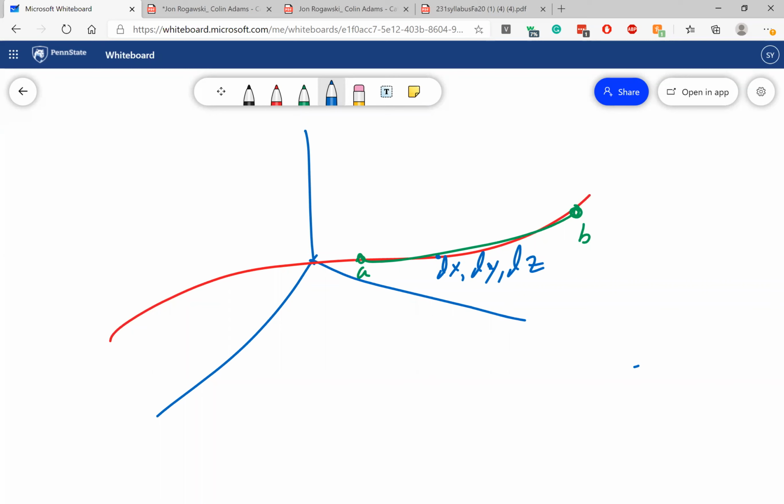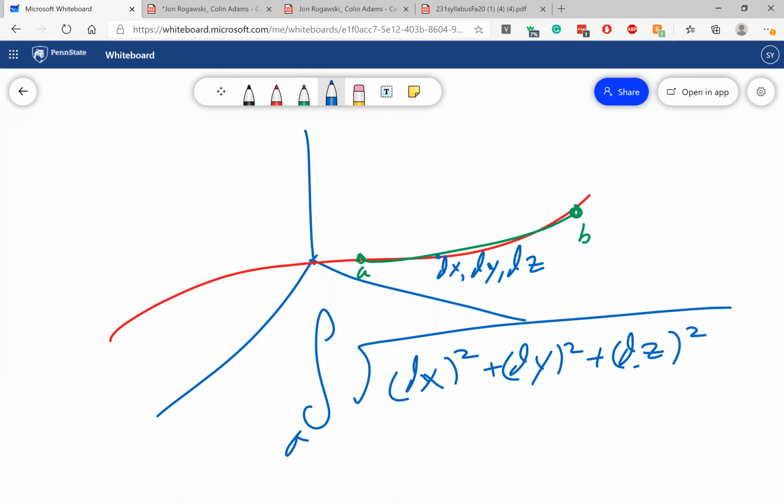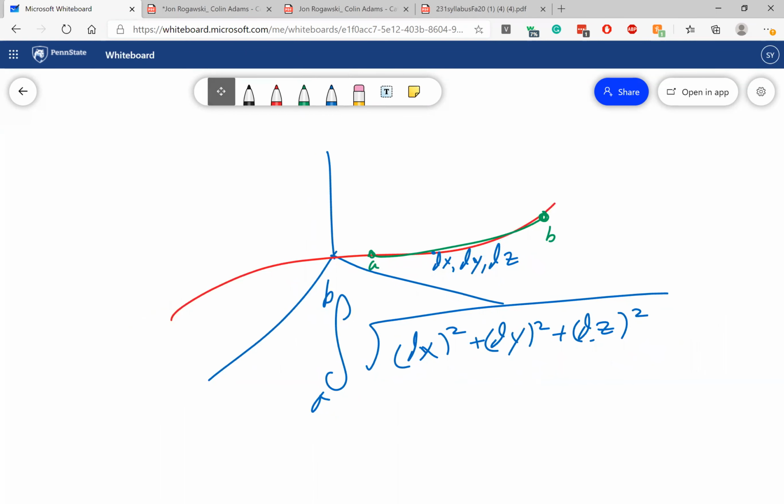If you look at dx squared plus dy squared plus dz squared, and you take the square root and you take their integral from a to b, well, naively speaking, this would be the length, because you have the length of your x direction squared, plus your y direction squared, plus your z direction squared, and you're taking the square root, and you're taking the integral.